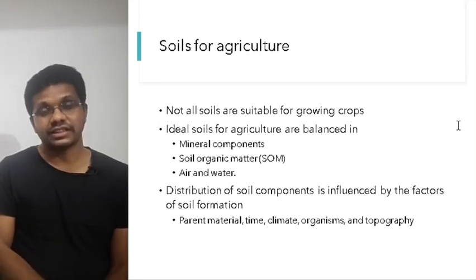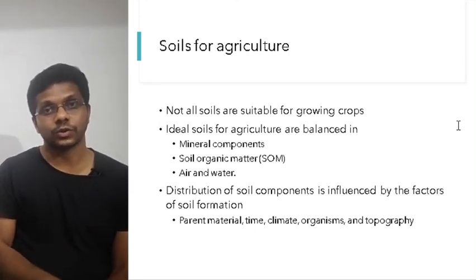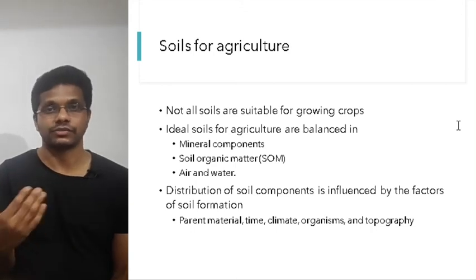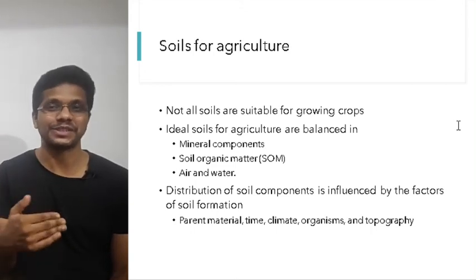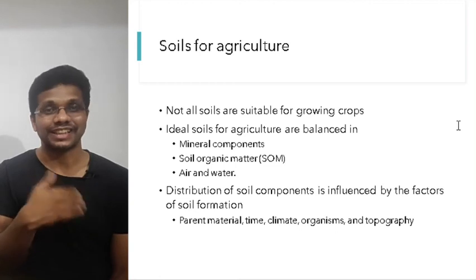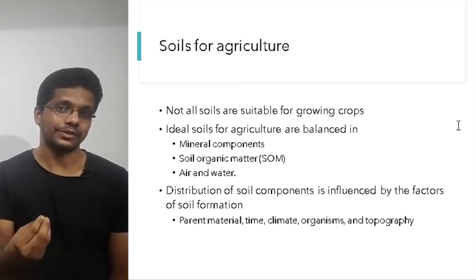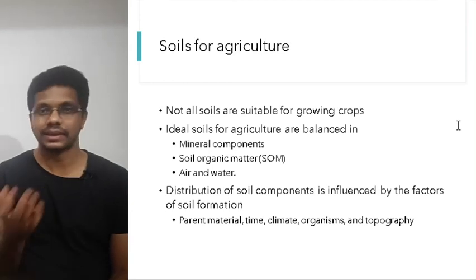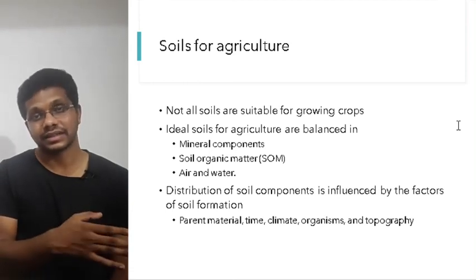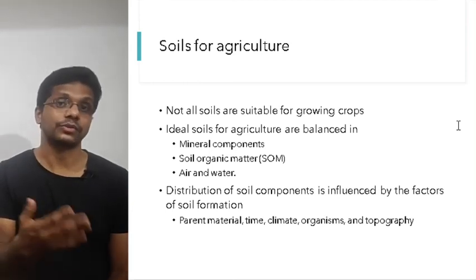Crop growth is also affected by the physical properties of the soil, the texture of the soil, the density, everything affects the plant growth. So depending on the type of plant and type of soil, there are many types of requirements for the crops.